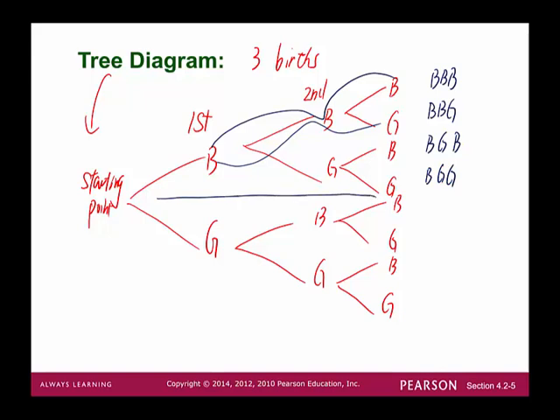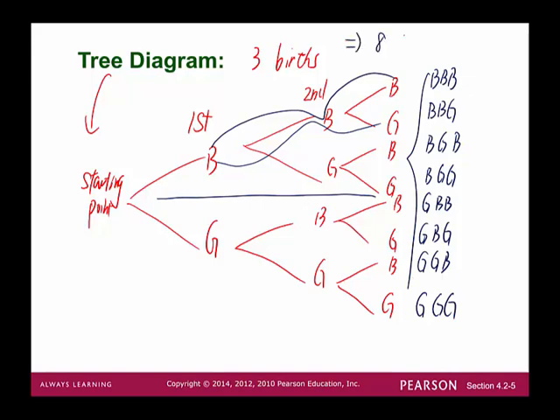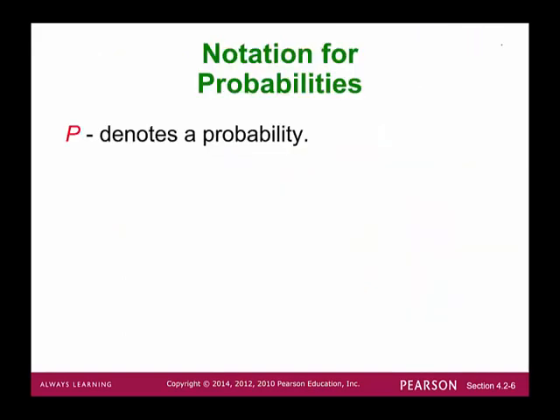The other half starts with girl: girl, boy, boy; girl, boy, girl; girl, girl, boy; and girl, girl, girl. So now we have come up with all these possible outcomes. We have 8 possible outcomes, and we call this the sample space. The tree diagram is very effective for constructing the sample space.